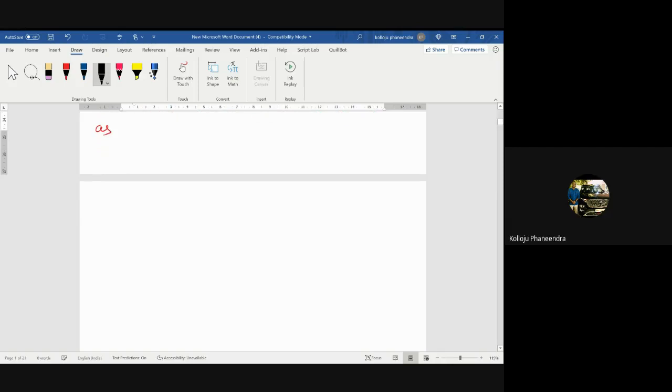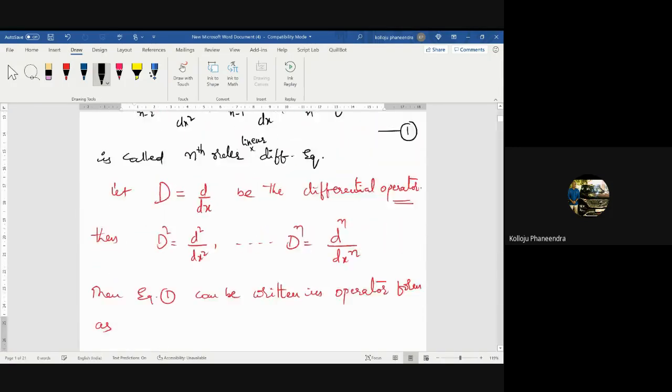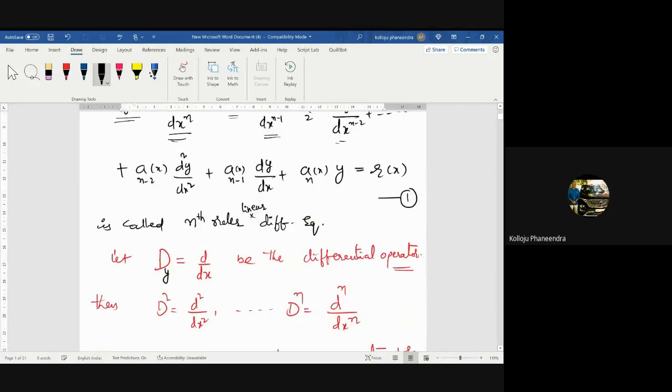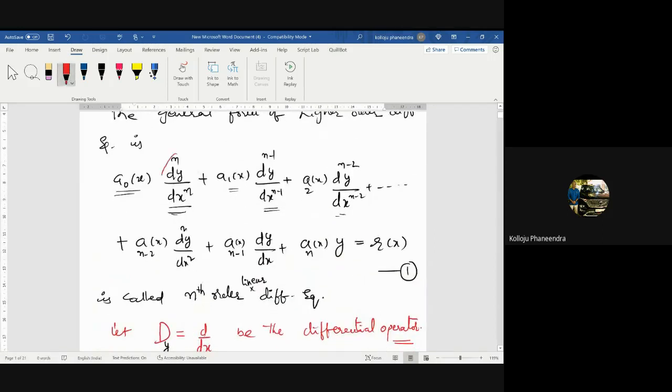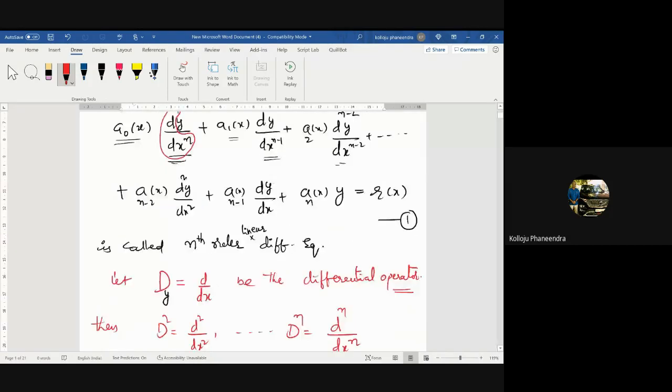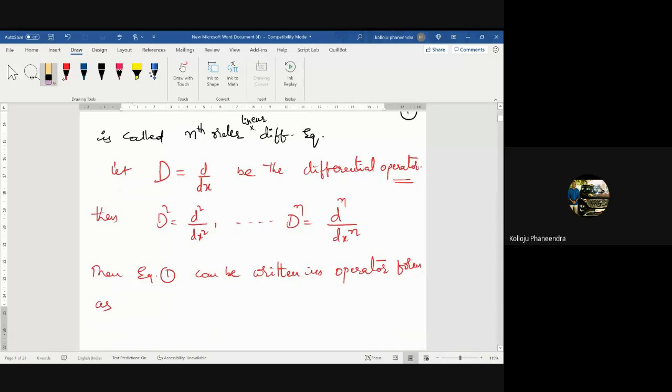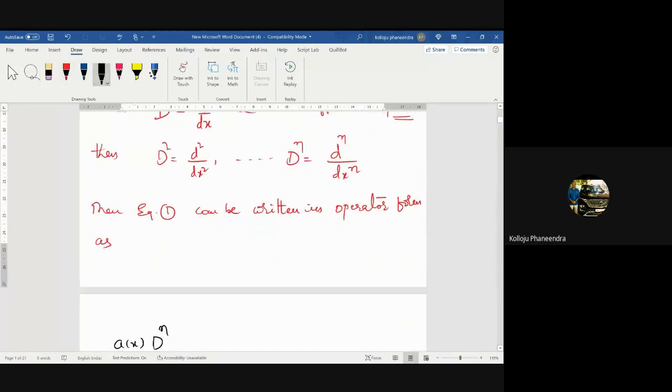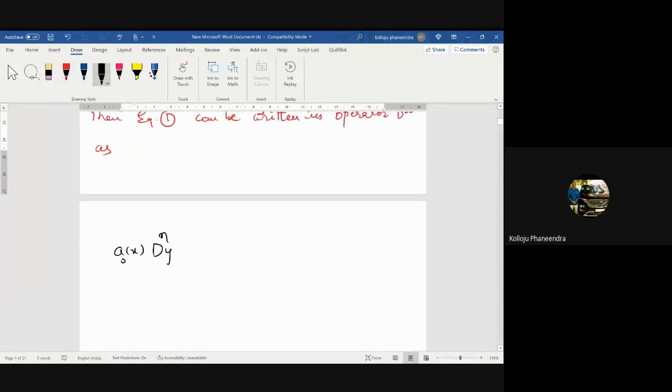The first term is a naught x into the nth derivative of y, which is d power n into y.